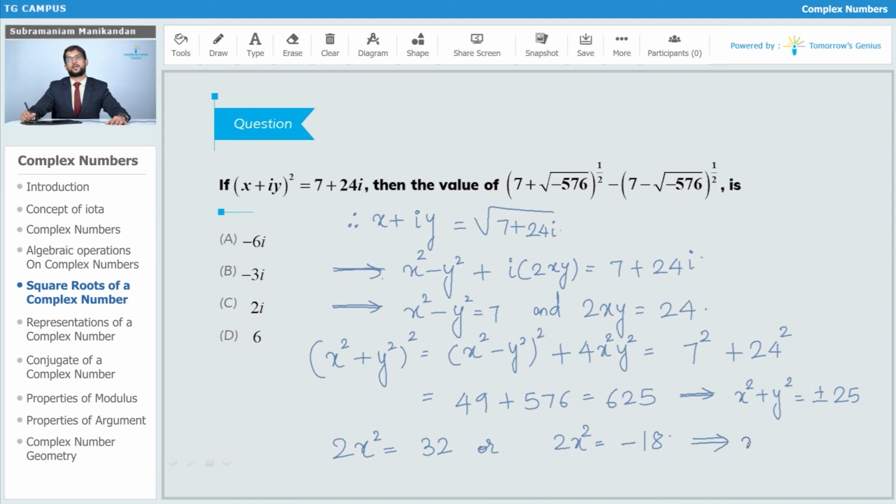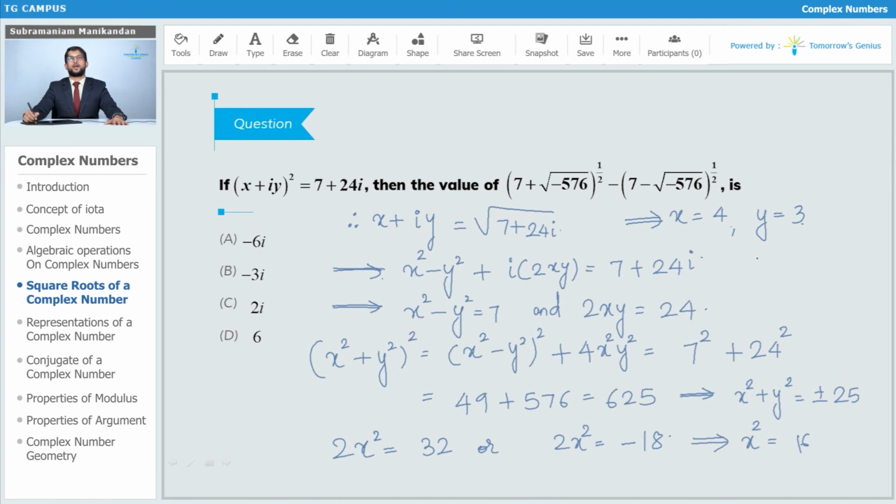So therefore x square is equal to 16. So x will be equal to 4. And if x is equal to 4, then y will be equal to 3, right? And so now we have the value.